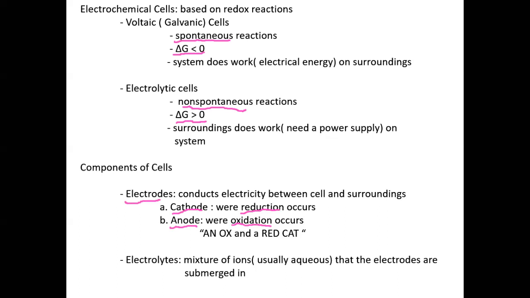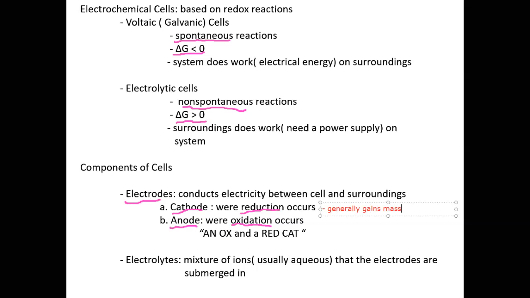And the cathode, generally I should say, gains mass over time. Because if it's a solid cathode, say nickel, as you're doing more reduction, more nickel gets produced and clumps onto the cathode.